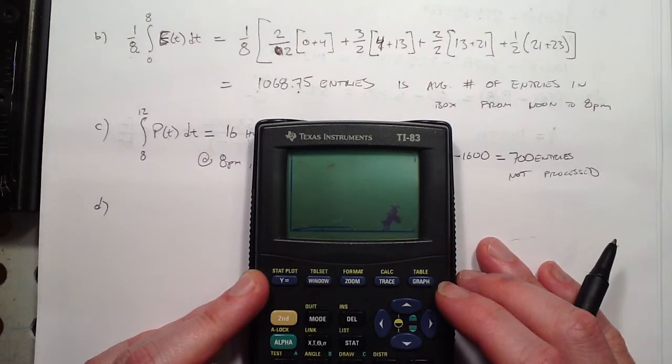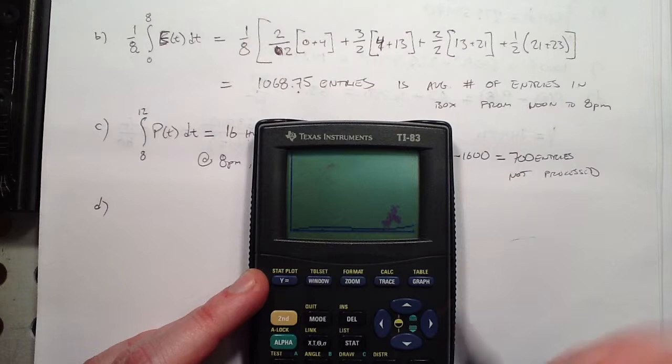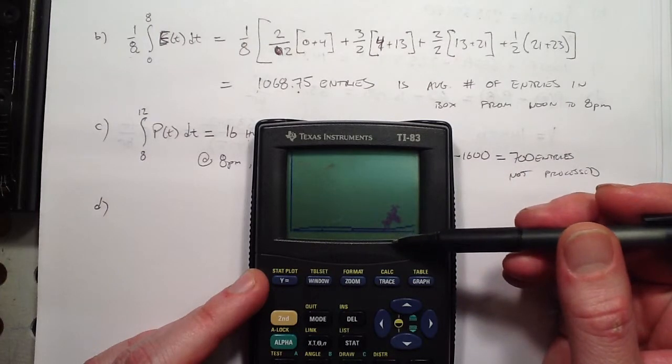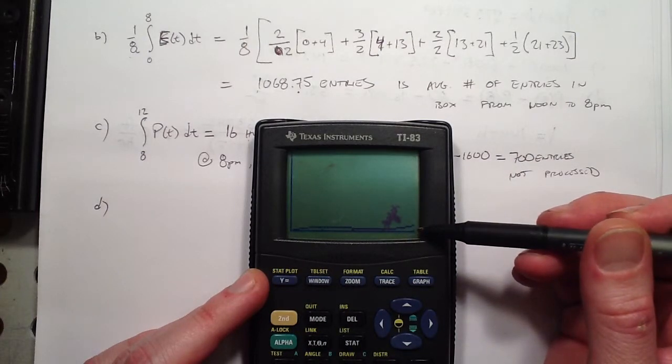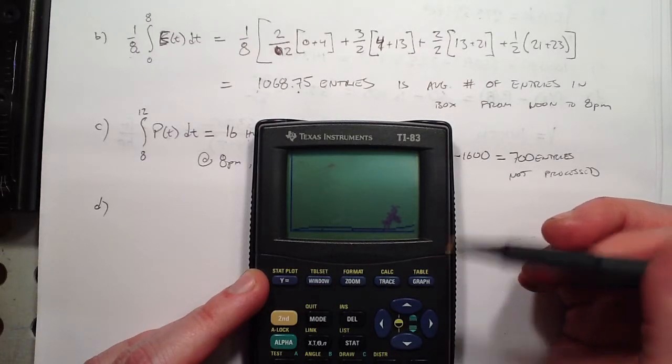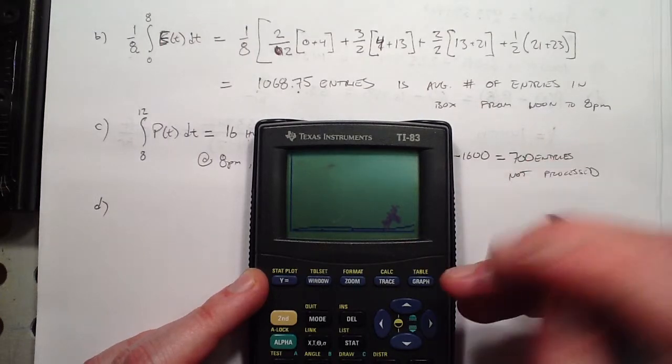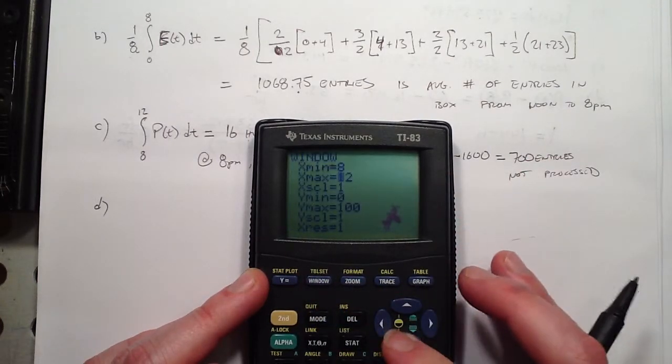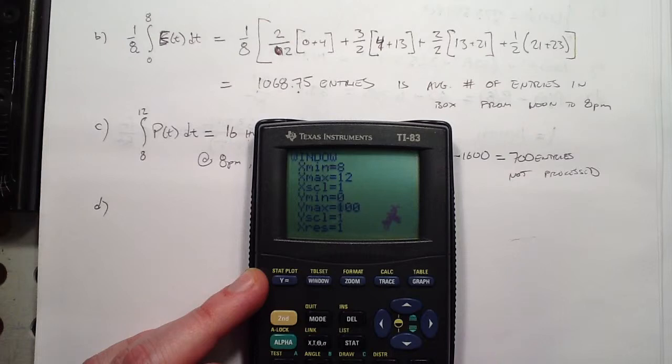Oh, I guess we did. So, let's see. It looks like the maximum. Let me go ahead and make that smaller again. I'm telling you, something does not seem right here.